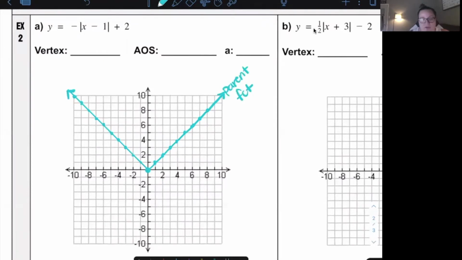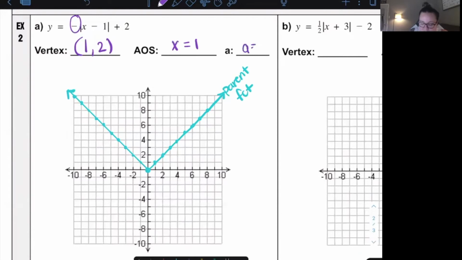Then I'm going to graph my new function. So my new function has a vertex at 1, 2, an axis of symmetry at x equals 1, and a slope of -1. There's a -1 out in front of the absolute value sign.